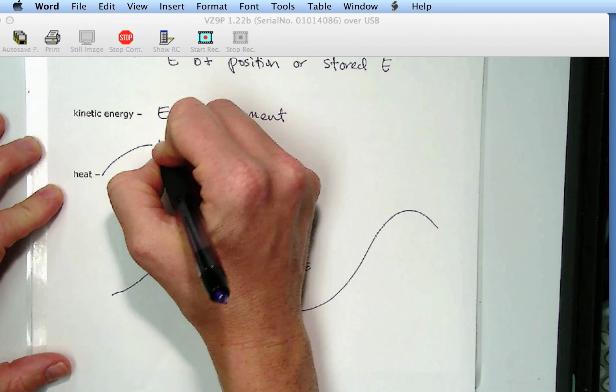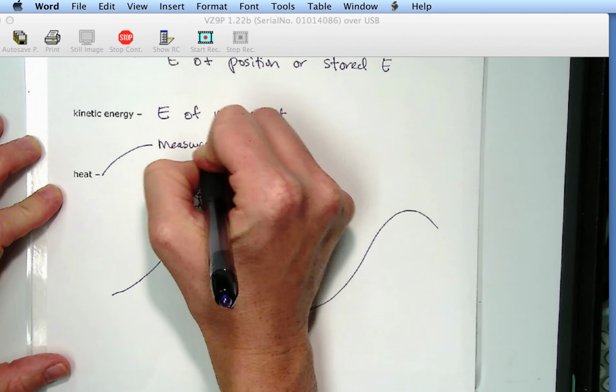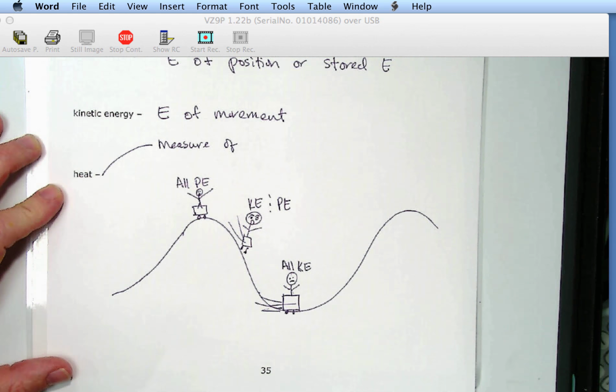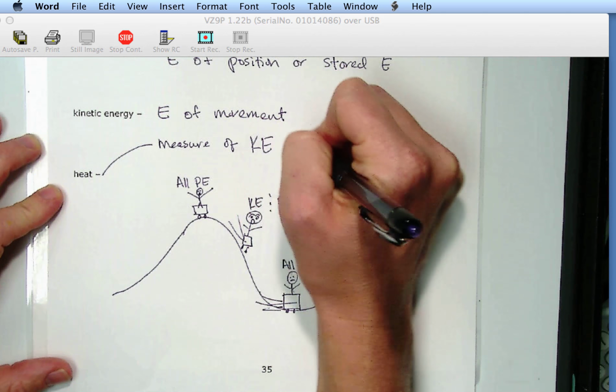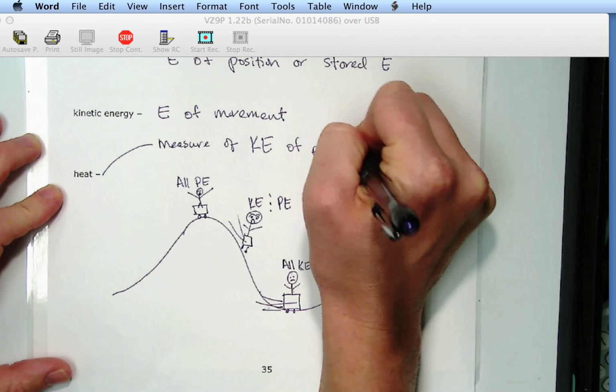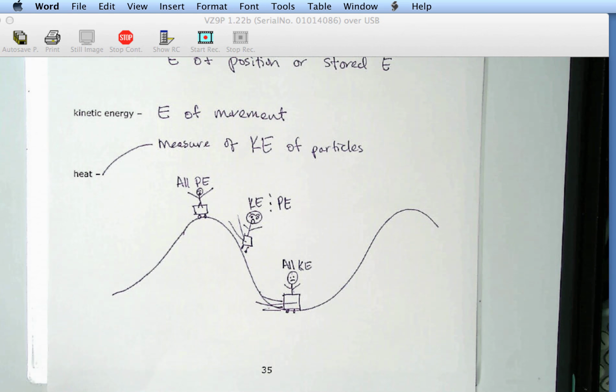Now, heat. This is the measure of kinetic energy of particles. Particles are always moving. If they're moving very rapidly, they have a high kinetic energy, then you're going to have a lot of heat given off.